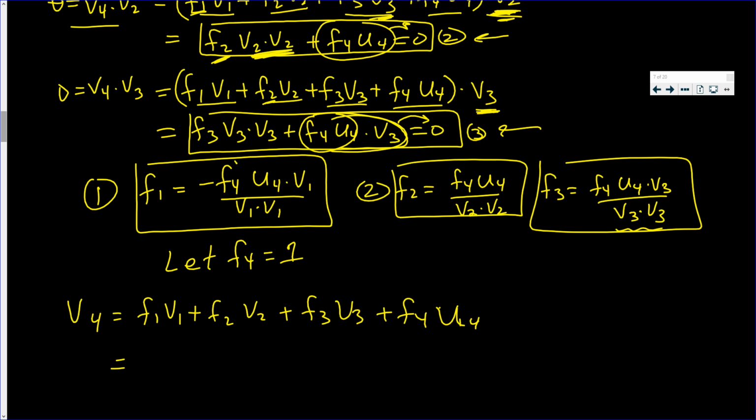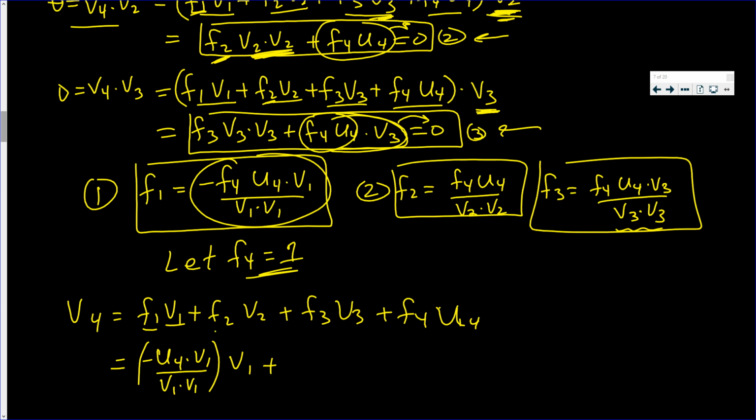F1 is this, but remember F4 is 1. So we get negative U4 dot V1 over V1 dot V1, that's F1, times V sub 1 plus F2, which is this, where F4 is 1. So that should be minus, sorry.